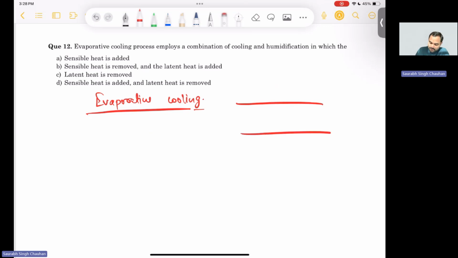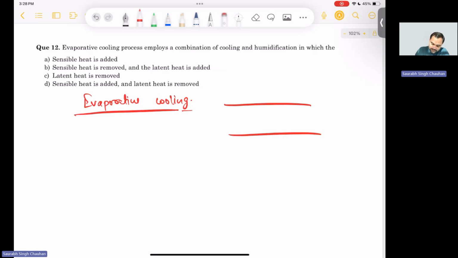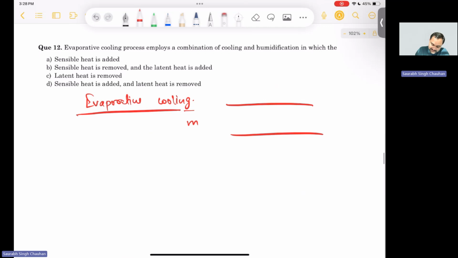For example, you can send the moist air from this end, and at some point you can inject some water spray. Then this water spray will take up some heat from this moist air to get evaporated, and at the outlet you will get the cool moist air, right?